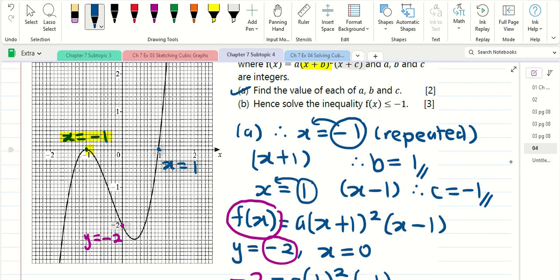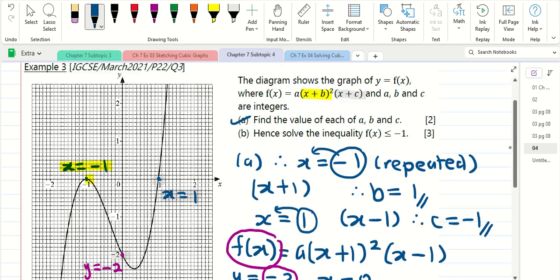The next part is, hence solve the inequality fx, which is your cubic graph, is less than or equal to negative 1. So here, like the previous example, you have to figure out where y equals negative 1. In this case, y equals negative 1 should pass through the y-axis where y equals negative 1.